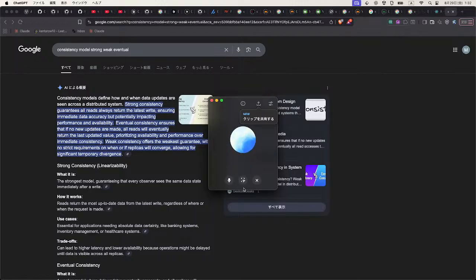Okay, so the next topic is system components in distributed systems, and today I've learned about data sharding, data replication, and consistency models. For data sharding, we need to split the data into small partitions that correspond to multiple servers. But there are two problems in the data sharding process.